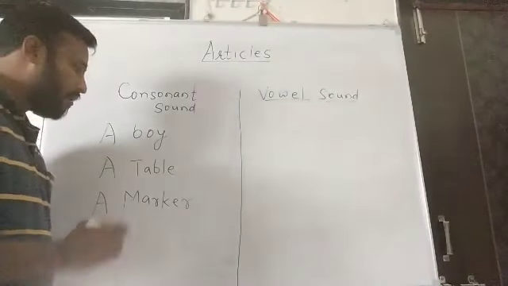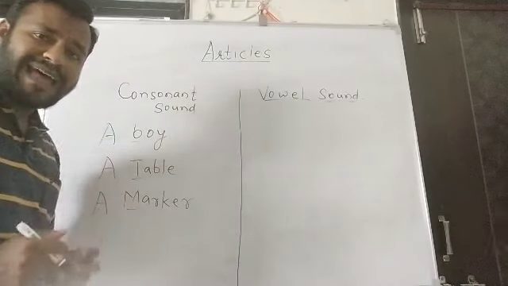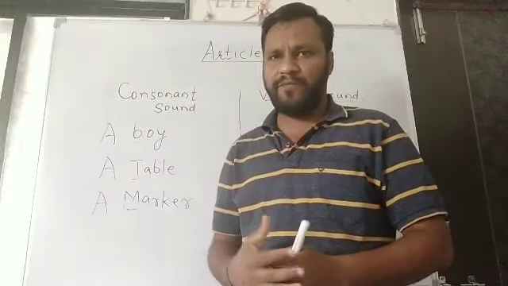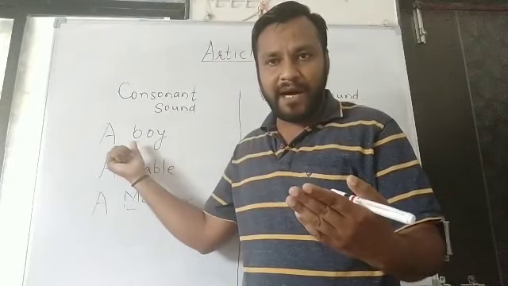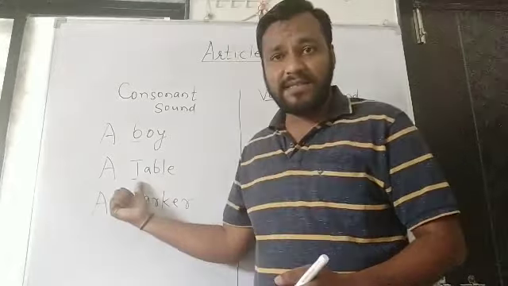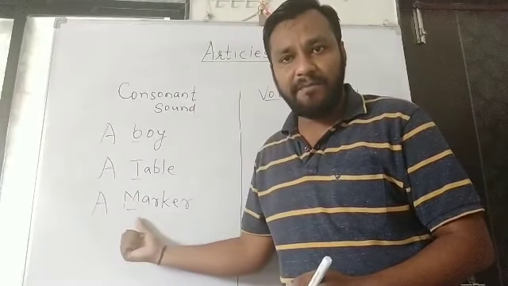If we think about the sounds of the first starting letter of the noun, then how to identify that? Within some time I will explain it. Repeat after me. B, b, b, boy. T, t, t, table. M, m, m, marker.